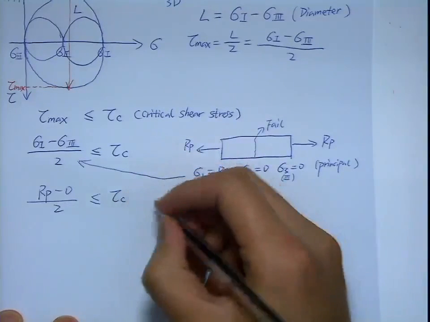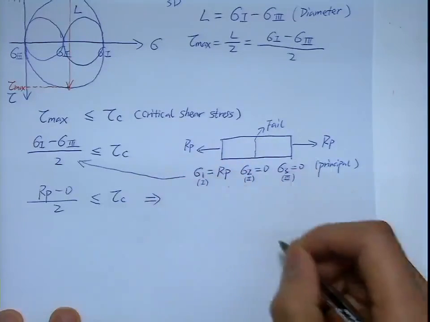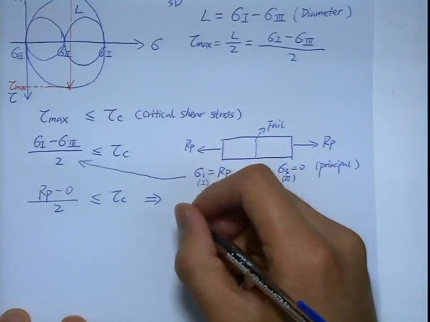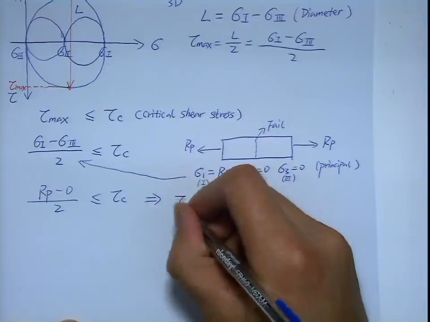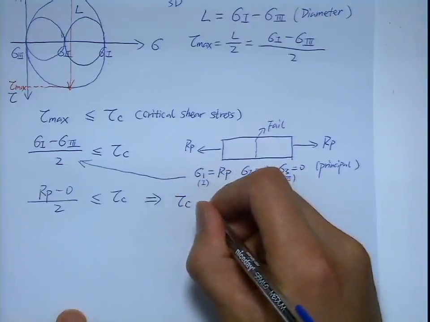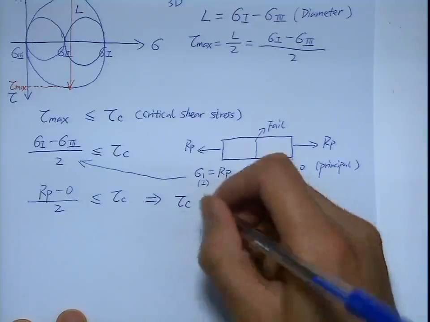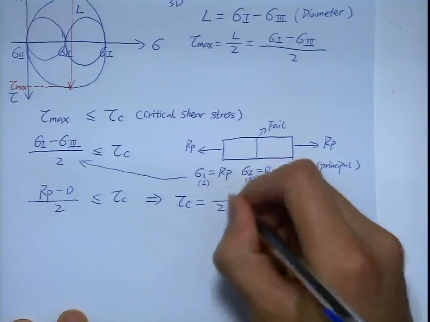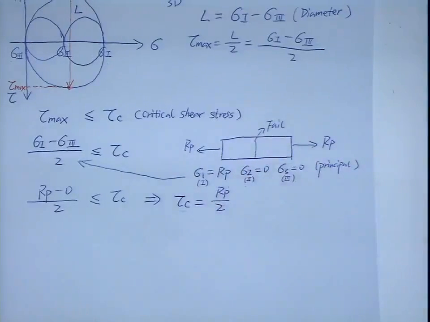Now, from that equation, I know how to relate my maximum shear stress, critical shear stress, to the uniaxial tension test. So, why is sigma 3 0?